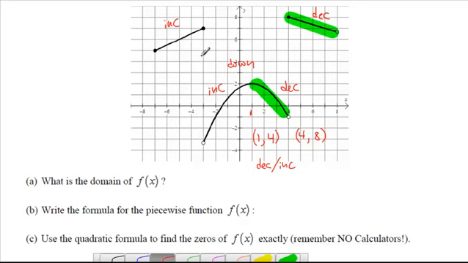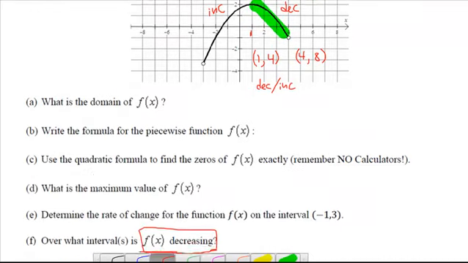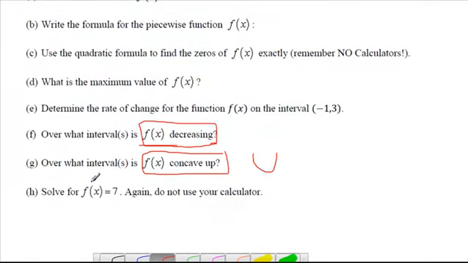So the question might be, are these linear functions, these linear pieces, are they concave up? And we're going to say no. Concavity deals with rate of change, and the answer is no. Well, the answer is nowhere.